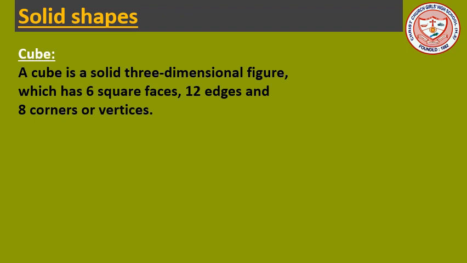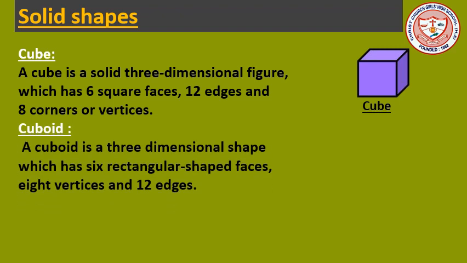Let us quickly revise some definitions of the following solid shapes. Cube. A cube is a solid three-dimensional figure which has 6 square faces, 12 edges, and 8 corners or vertices. Cuboid.